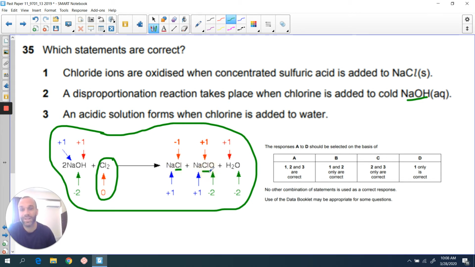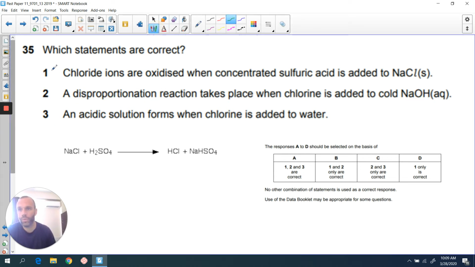So this is a classic example, and really one of only 2 examples that you're going to need to know about in the whole AS course, which is a disproportionation reaction. So this is also correct. So far we've got 2 and 3 correct. So now let's move on to look at number 1.